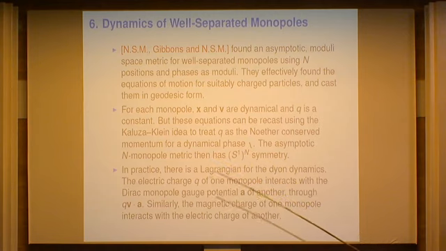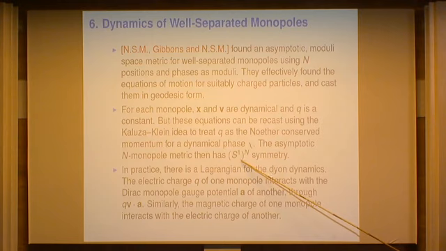This is the Kaluza-Klein idea that electric charge can arise from motion in a hidden circle. So we could use that explicitly to turn our parameter Q into a dynamical angular momentum on a circle. So the asymptotic n-monopole metric, in fact, has an nth power of the circle as a symmetry, by construction.